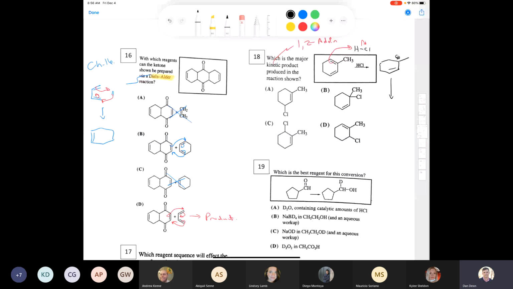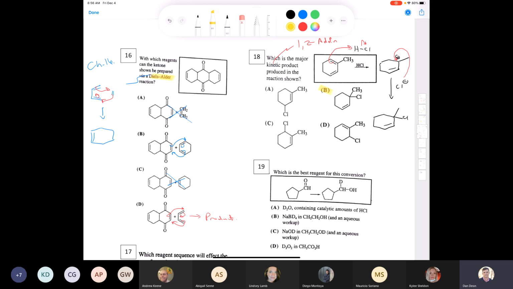Then the chloride is going to come in and act as a nucleophile, and we're going to end up with this product. We'll have our double bond here, and that's our 1,2 product. And that is B.